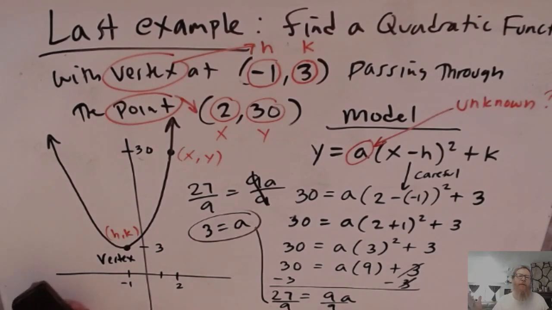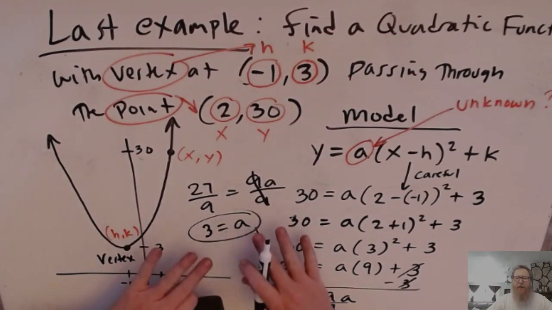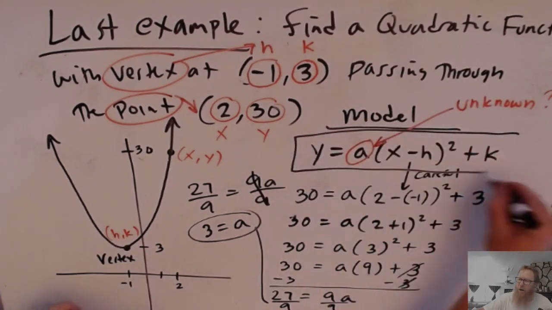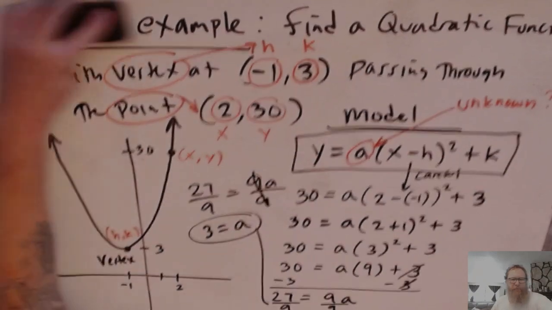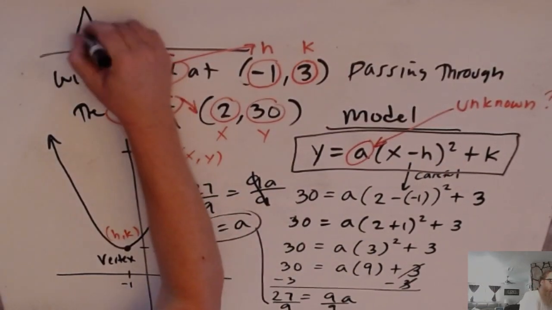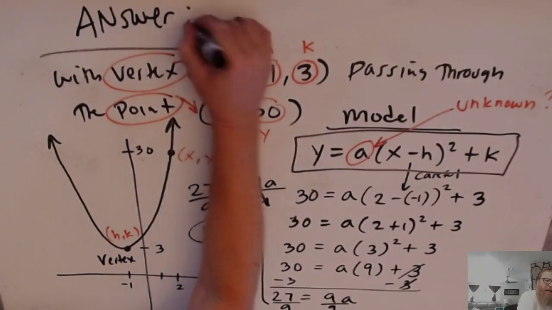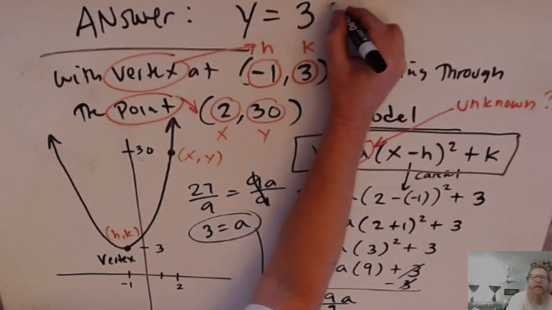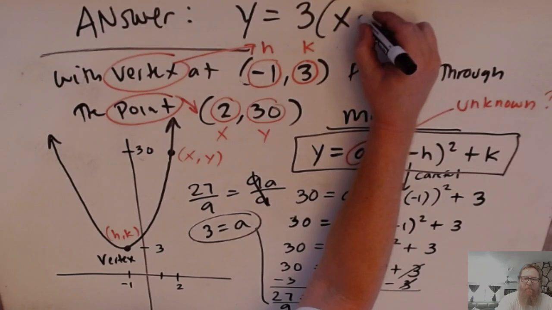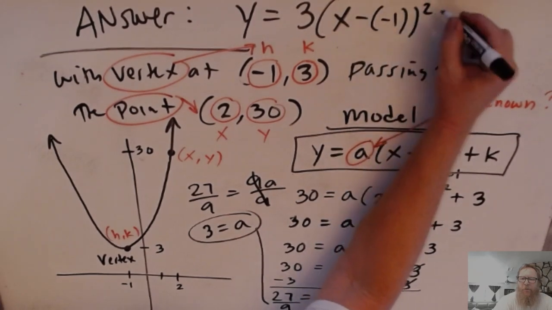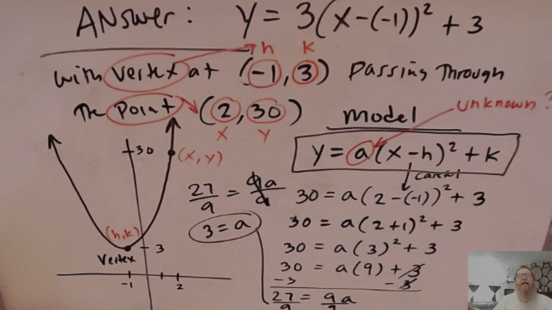And you're done. You do have to write the answer correctly. So the answer is the model with the a plugged back into it. So the answer is y = 3(x - -1)² + 3.